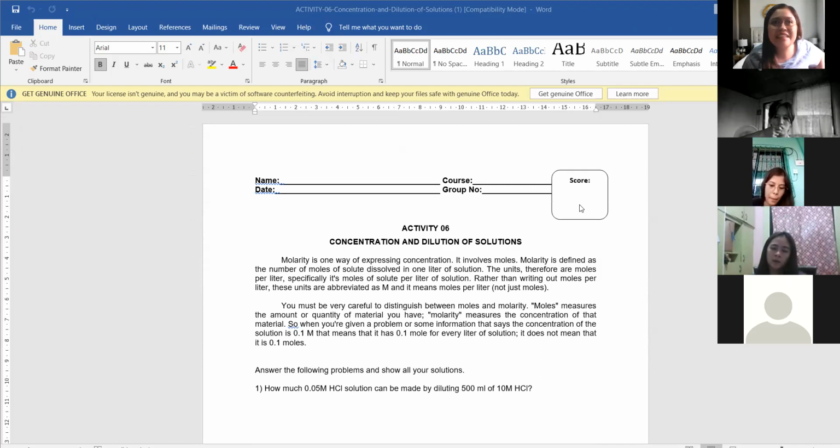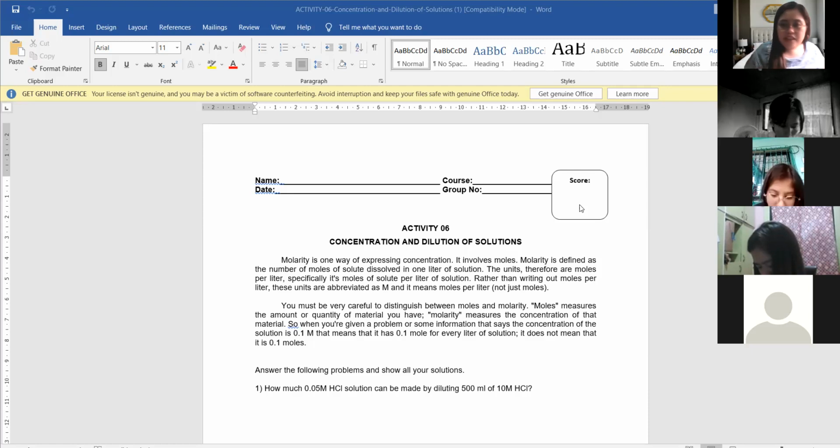This should be handwritten again, because you have to show your solution. And kindly round off the final answer to 2 decimal places. I hope we understand each other: 2 decimal places for the final answer. Please do not round off during the process. Again, the deadline for this is next week, Thursday.